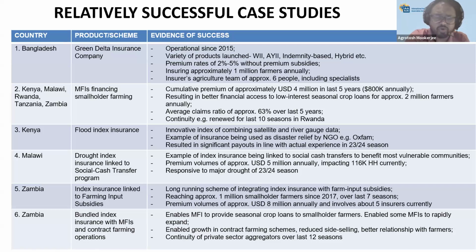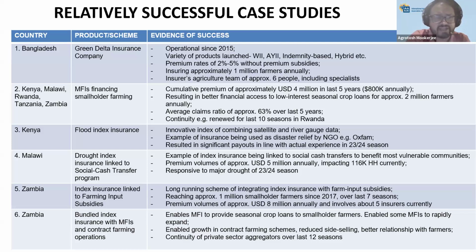Without going into the details of all of them, essentially what we see is that mostly the parametric insurance products in the context of development have been applied in the agriculture sector. There are cases where it's also being applied in other sectors like tourism, renewable energy, even for small enterprises, and so on, but it's mostly applied in the agriculture sector.